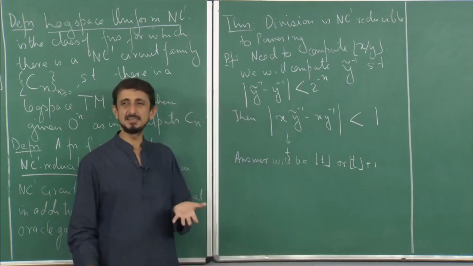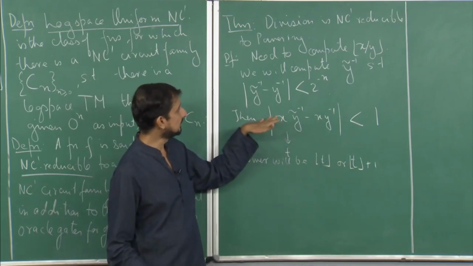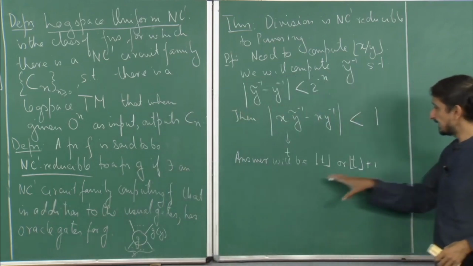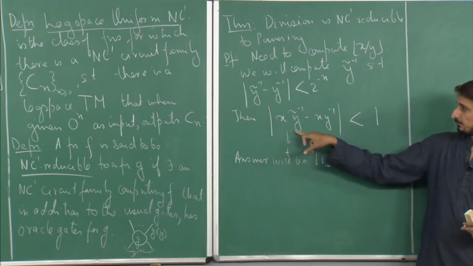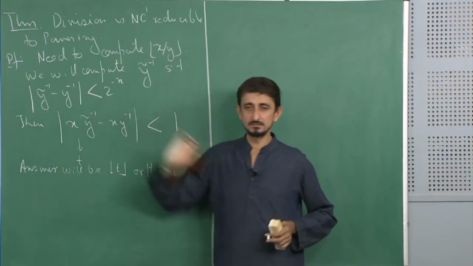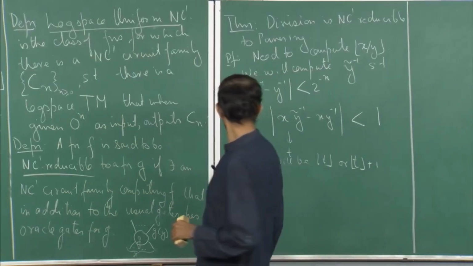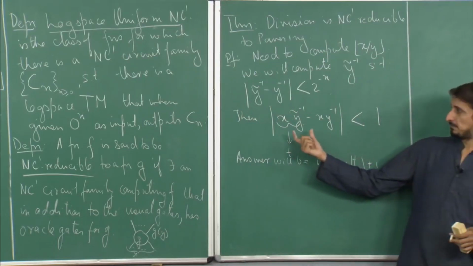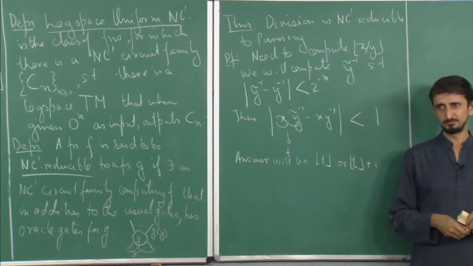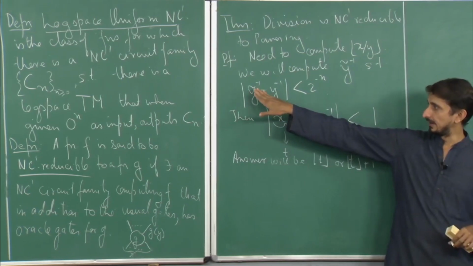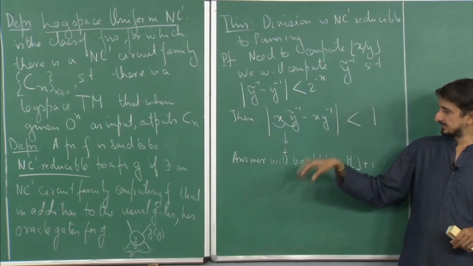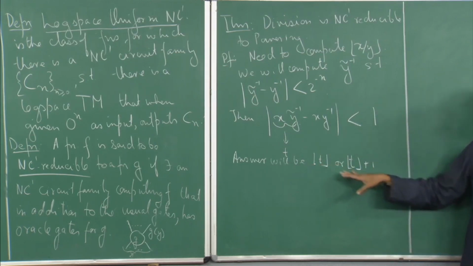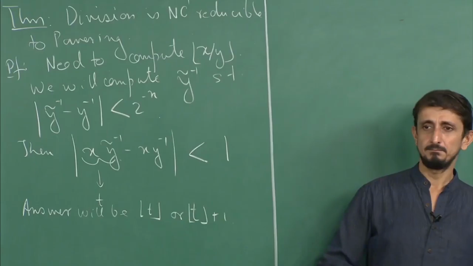Which quantity it is, we can easily check by multiplying both quantities with y and checking that the difference from x is less than 1. So, we compute y tilde inverse, multiply it with x, set that as t, take the floor, and the actual answer is either this or this, which we can determine by back calculating.